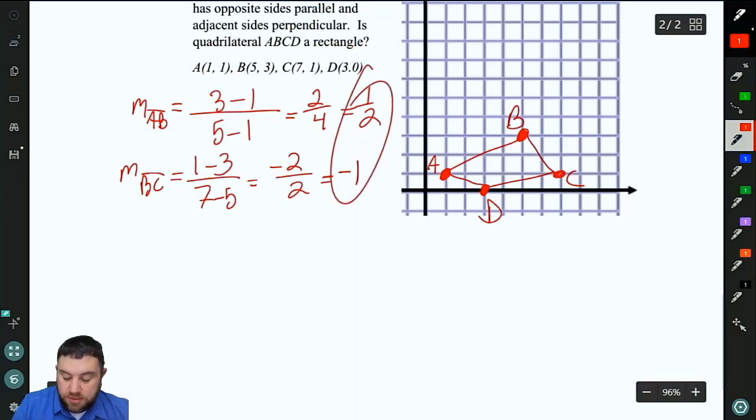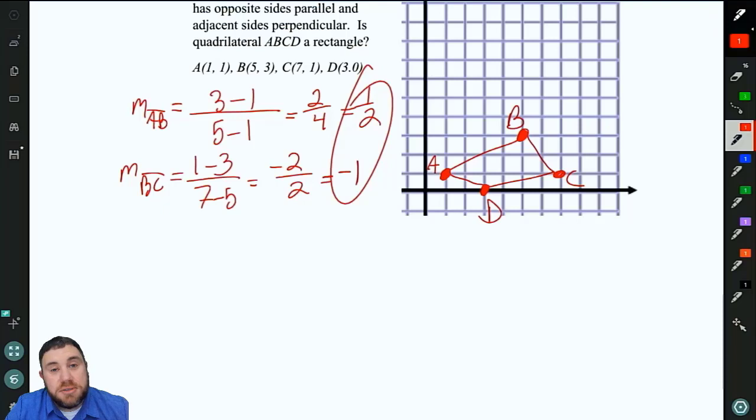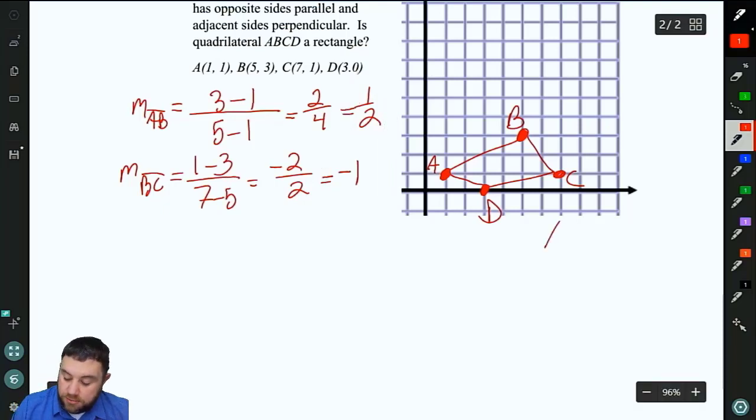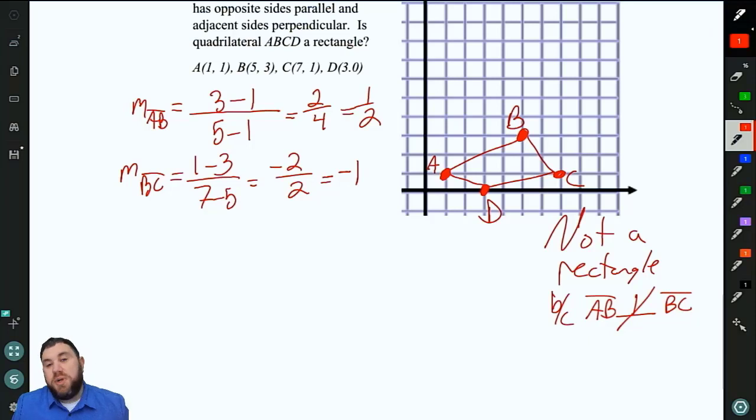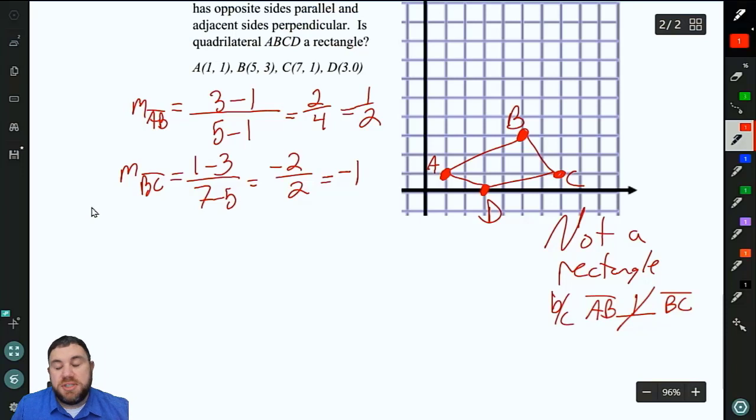Now right there, we know that these aren't opposite reciprocals, so we already know that this is not a rectangle. And we could say, let's use some geometry notation, segment AB is not perpendicular to side BC. And really that's all we need to do, but we're going to go ahead and work the rest of the problem just so you can see the whole process.